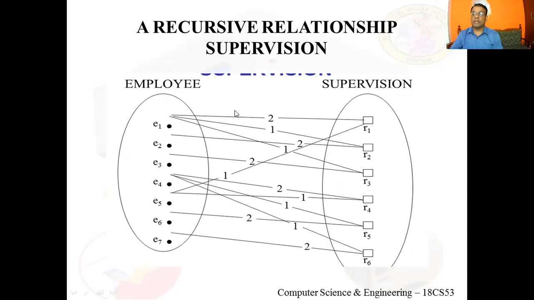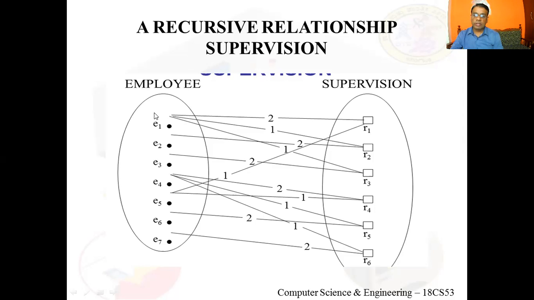Recursive relationship means, if an entity type refers or relates to itself, then it is called a recursive relationship. In the case of recursive relationship, role names are very much significant. Employee plays two roles here. Once in the role of supervisor, and the second time it plays the role of supervisee.